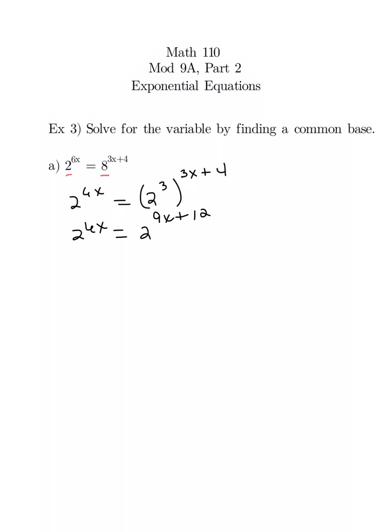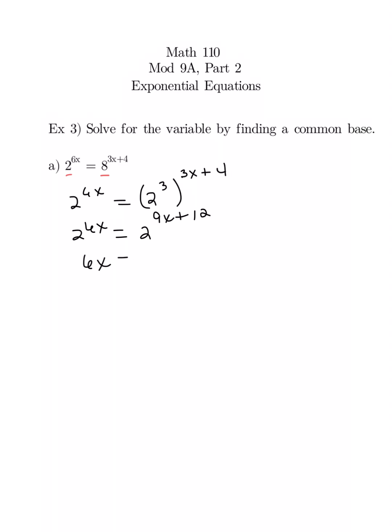Once you have both sides written with the same base, in order for 2 to the 6x power to be equal to 2 to the 9x plus 12 power, the exponents would have to be equal to each other. So we drop the bases and just set the exponents equal.